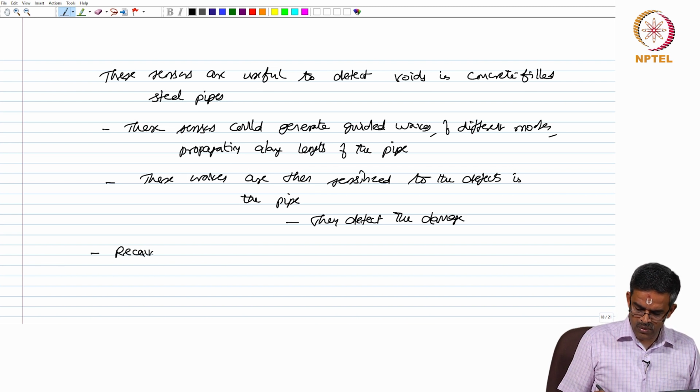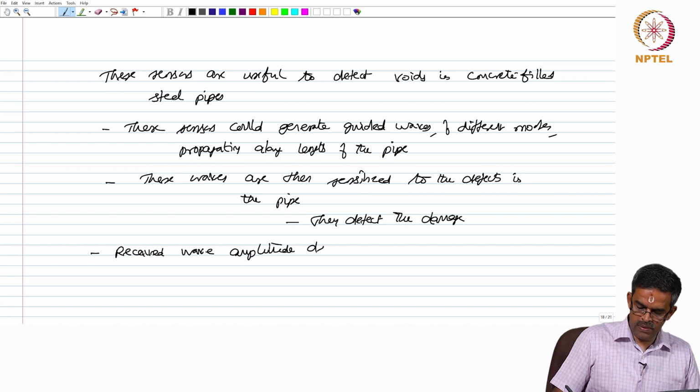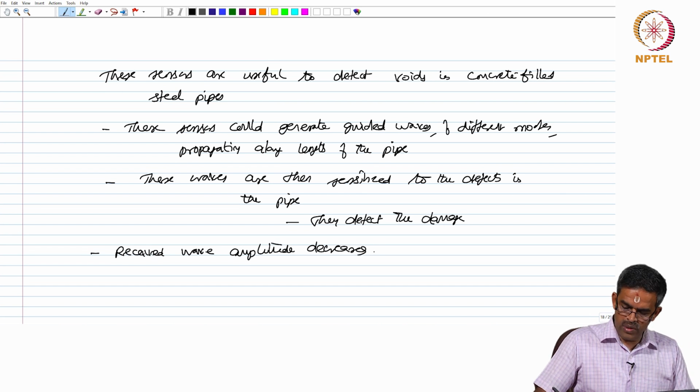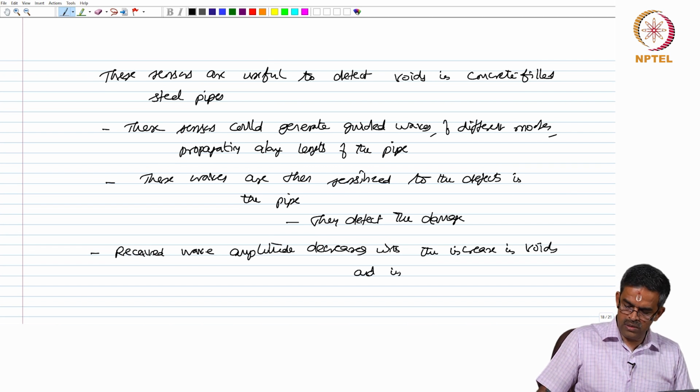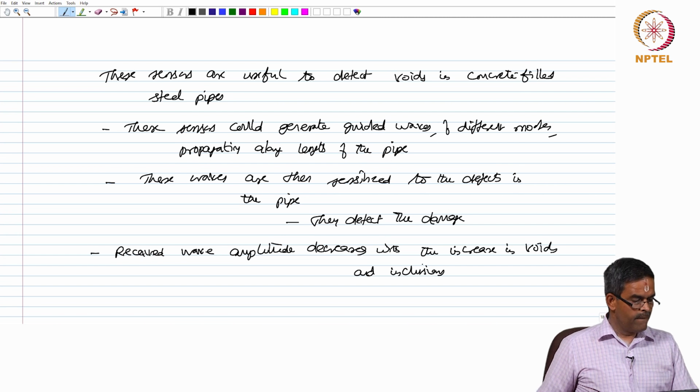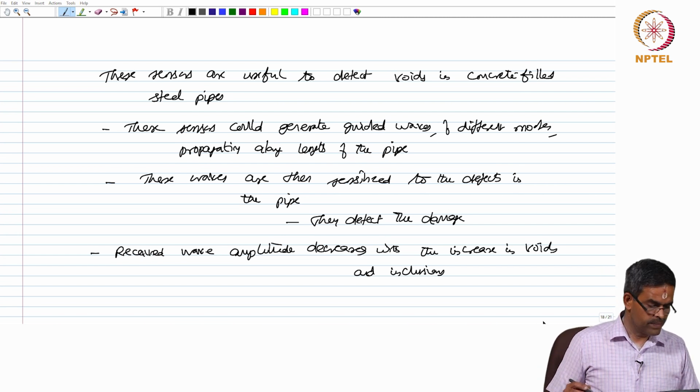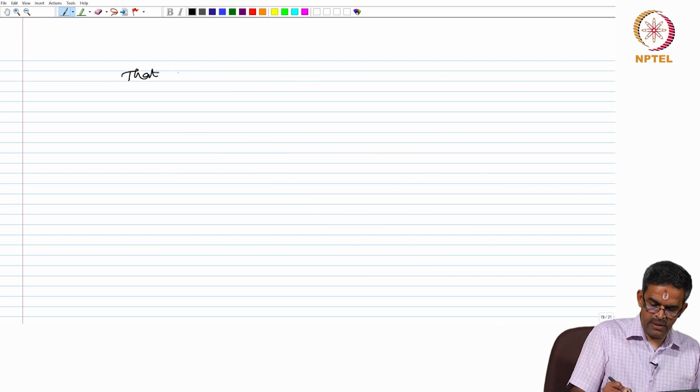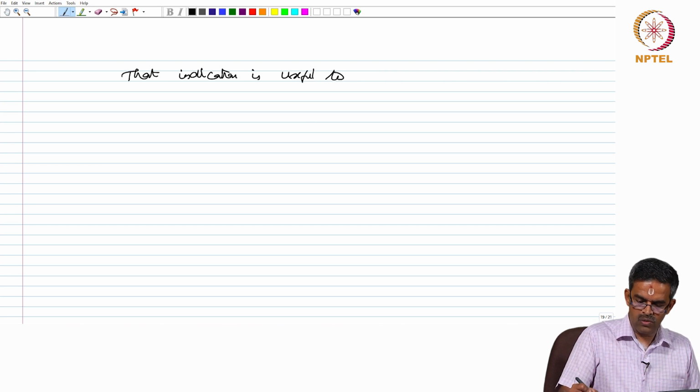The received wave amplitude decreases with the increase in voids and inclusions, and that indication is useful to detect damage in, let us say, concrete filled pipes.